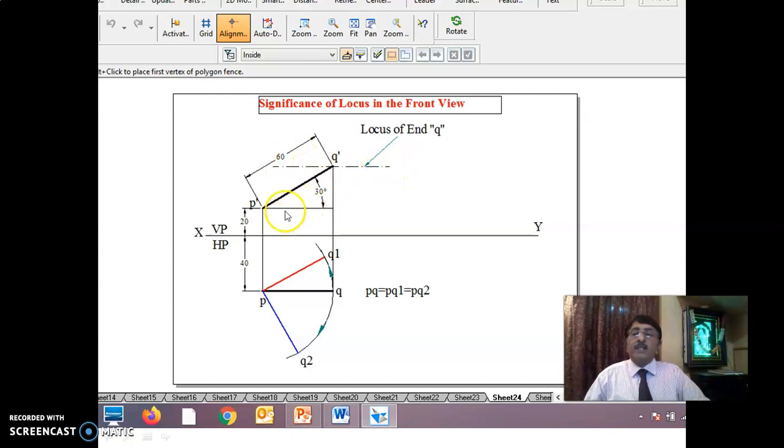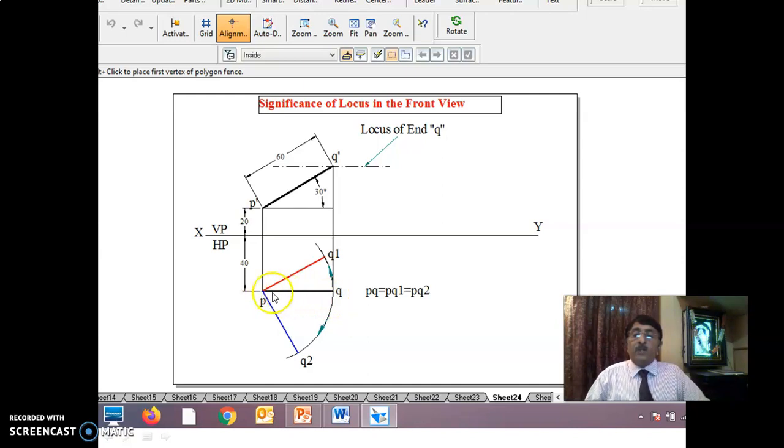See here, I have told you this problem where this line is inclined at 30 degrees to HP, measures 60 mm. One end of the line is 20 mm above HP and the line is 40 mm in front of VP. P dash Q dash and PQ. P dash Q dash is the front view, PQ is the top view.